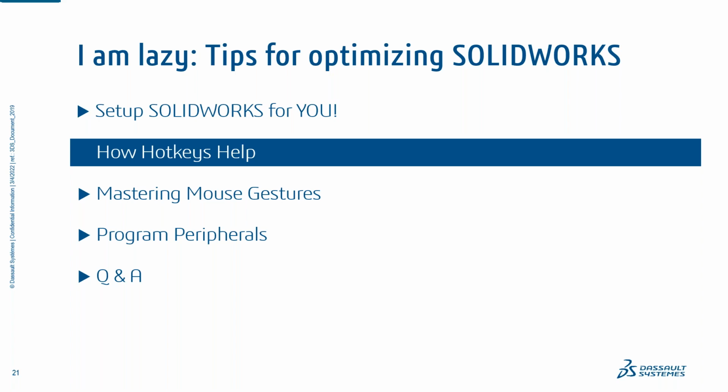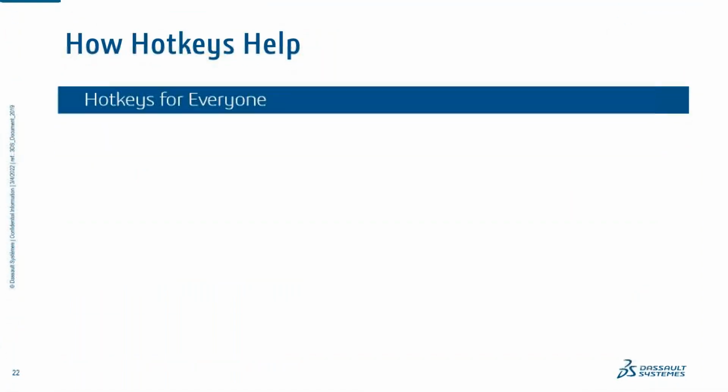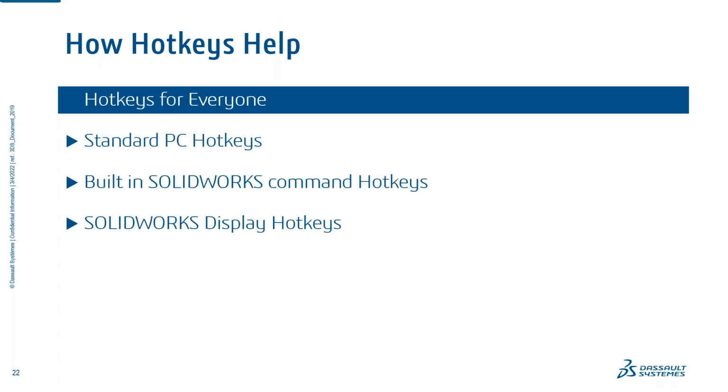Now I know most everybody who's an avid computer user knows that there's already some pre-built into Windows and into Mac if you guys use Apple products. But we're going to go over some hotkeys that everybody could use. We're going to go over some SOLIDWORKS specific ones, some display specific ones, and how to even customize them if you want to.